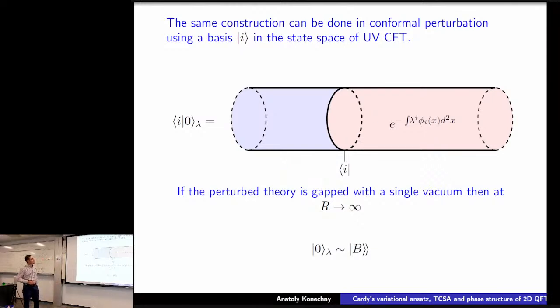And in this picture, you see if I now take the radius very large, that will be equivalent to flowing with RG flow, and then this whole perturbed half cylinder will look like a boundary, provided my theory is gapped. So I can state that asymptotically, the perturbed theory vacuum should look like a conformal boundary state.